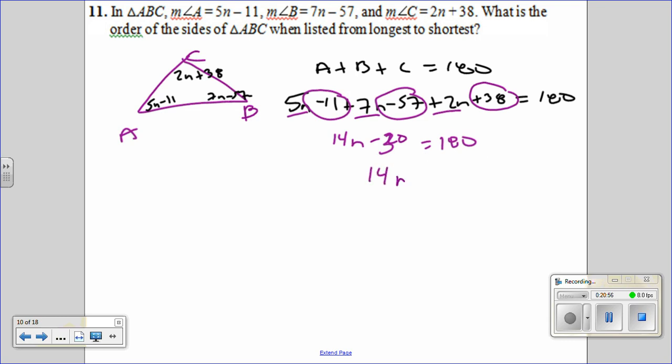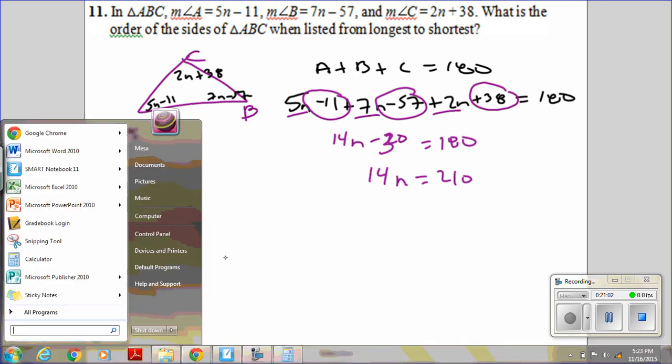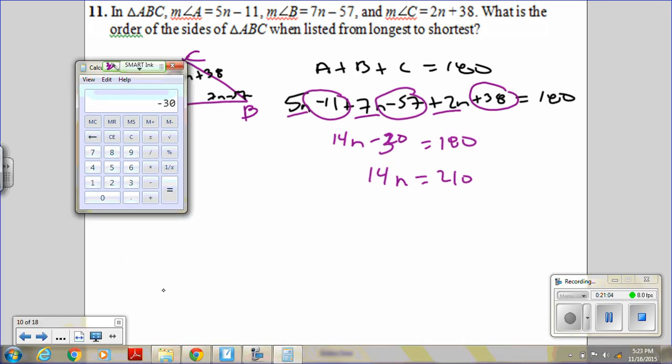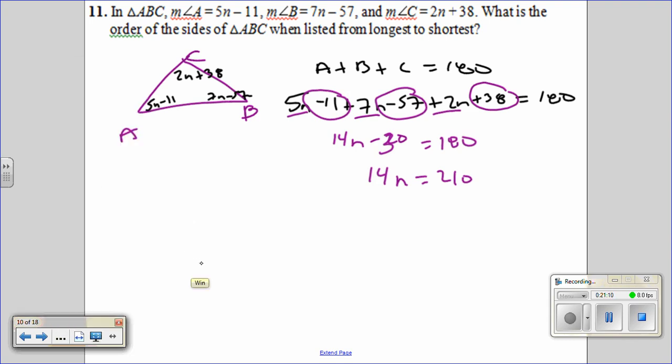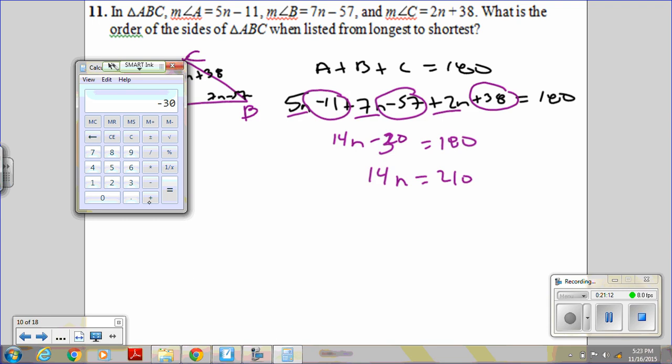So 14n is equal to 210, and divide by 14. n is equal to 15.